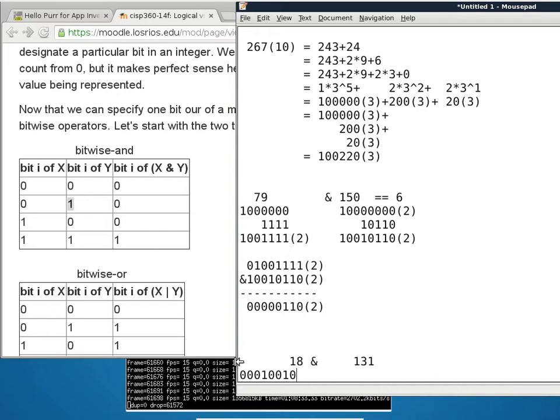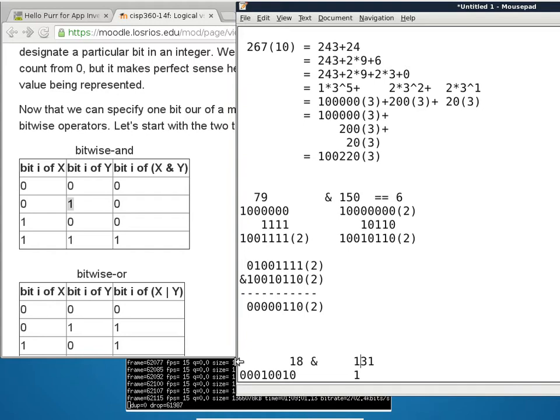How many 1s do we have? None. How many 2s do we have? 1. How many 4s do we have? None. How many 8s do we have? None. How many 16s do we have? 1. And so on. So this is 16 plus 2, which is 18. The other number is not too hard either. 131 has 128, and then a 3, which is basically just 1 1 at the end.